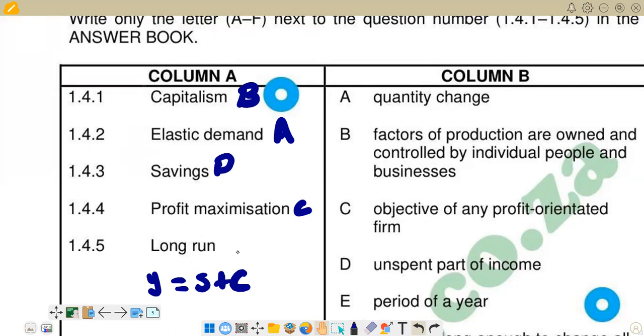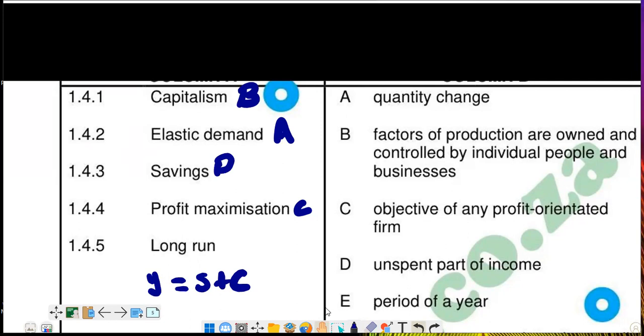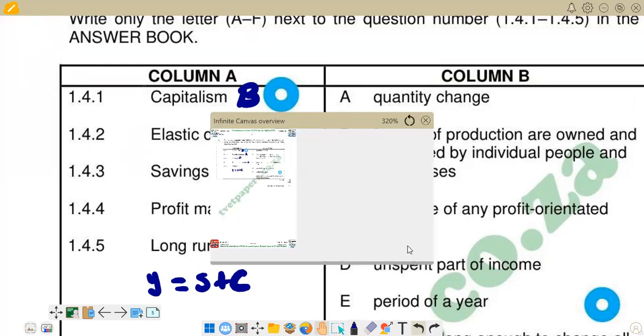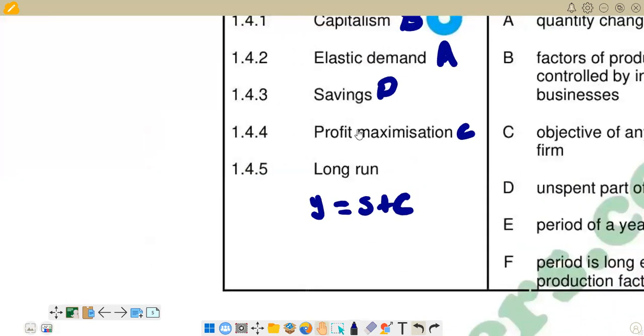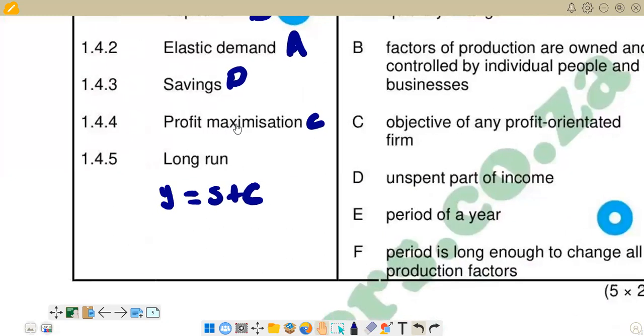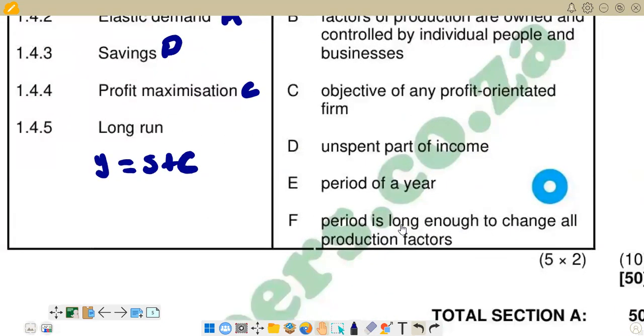Let's see if we have any response beneath that. Right. If you look here, other period of year, we also have period is long enough to change all production factors. So this one becomes more appropriate than the E that we have there.